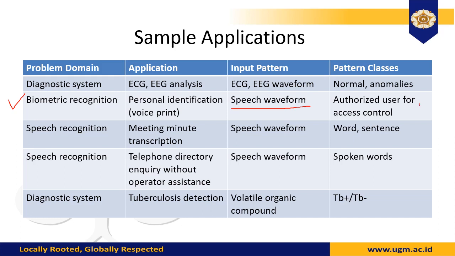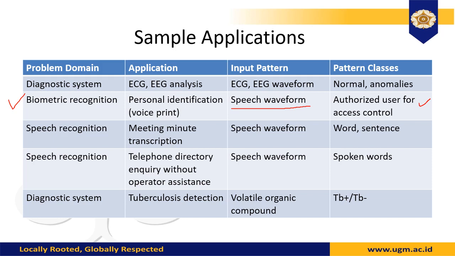Then the output of the system is whether the person is authorized to access something or not, or simply the identity. Whether that identity is used for access control or for something else depends on the application.